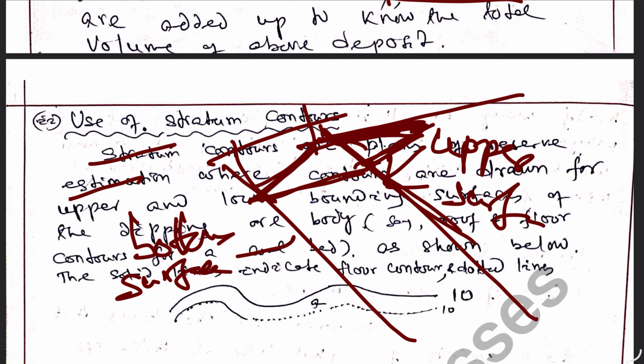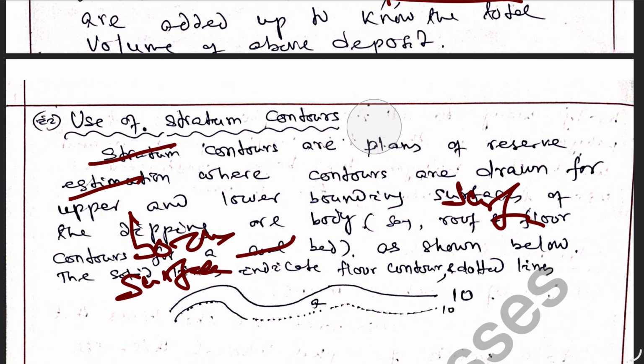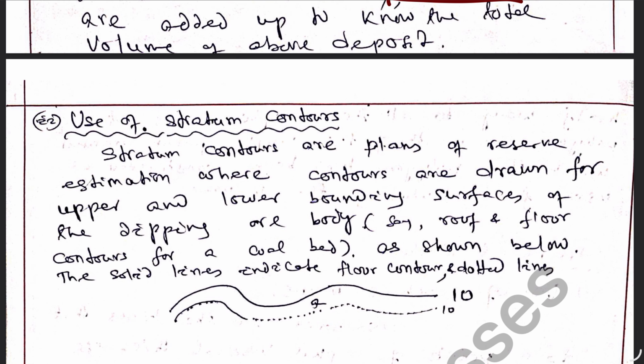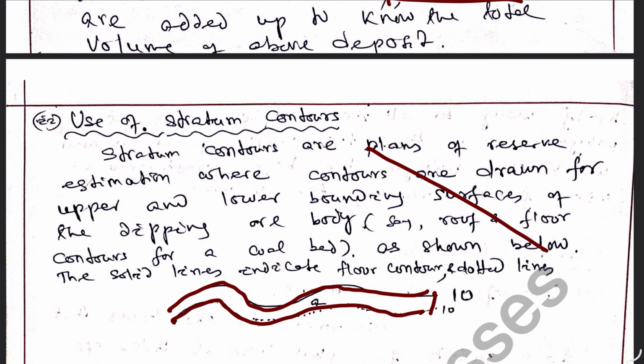It is projected, so it will be here, it will be here. So if I cut the whole body horizontally, let us say at a depth of 10 meter, the shape of the whole body is like this. This is the upper bounding surface, this is the lower bounding surface.